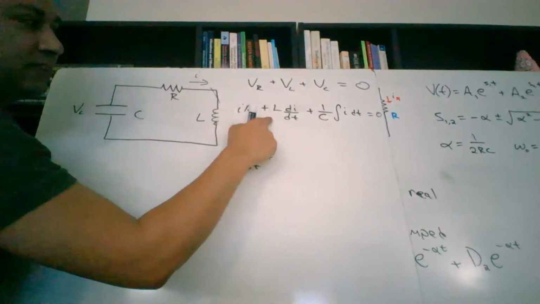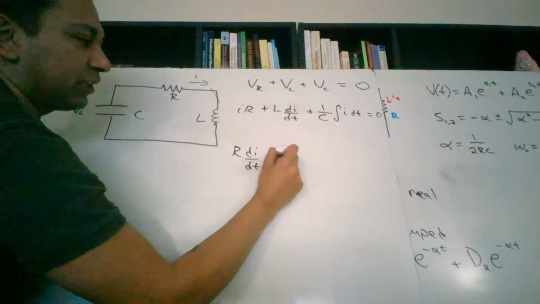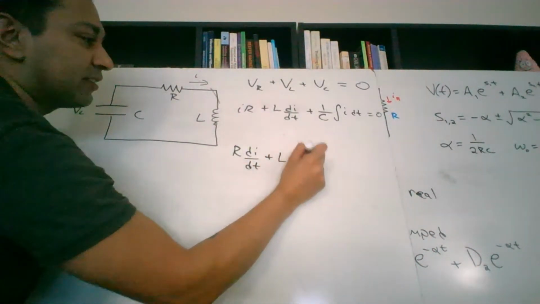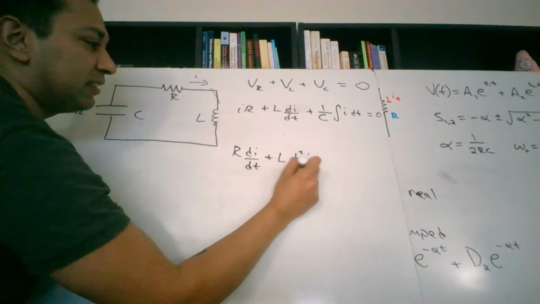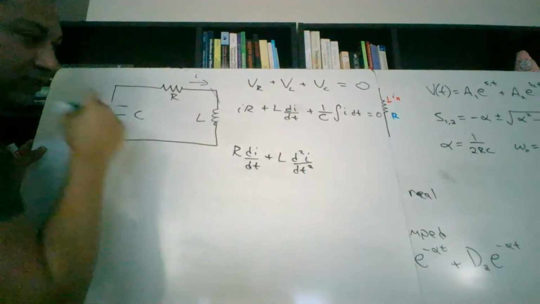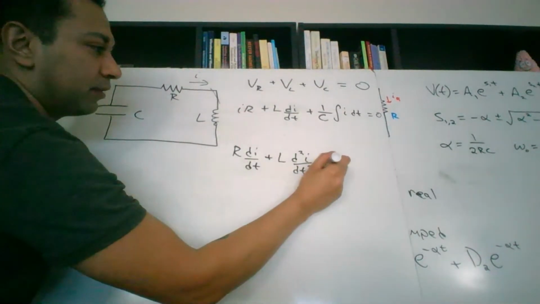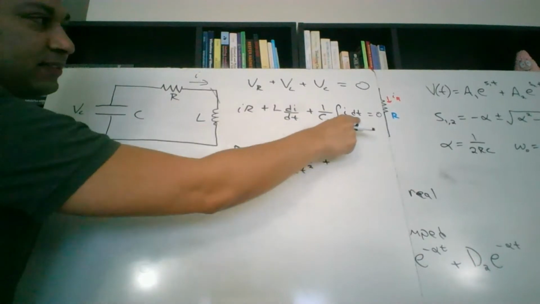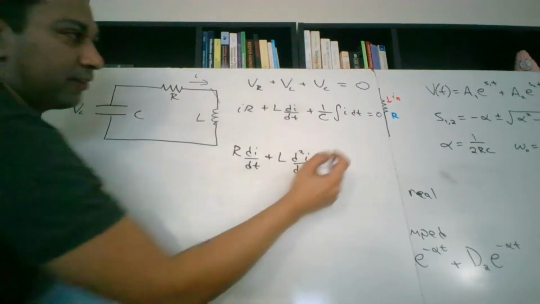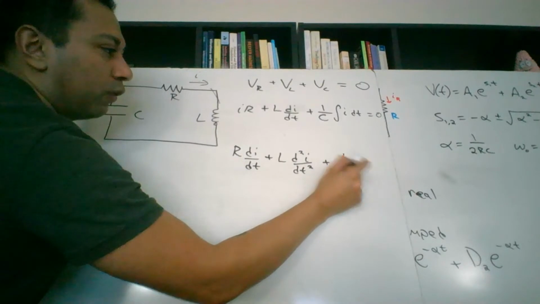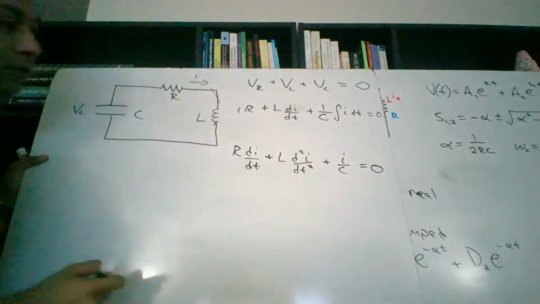When I multiply d dt into here, it's going to become L d squared I over dt squared. And then finally, the integral of dt will cancel out, and you're left with I over C, and that equals 0.